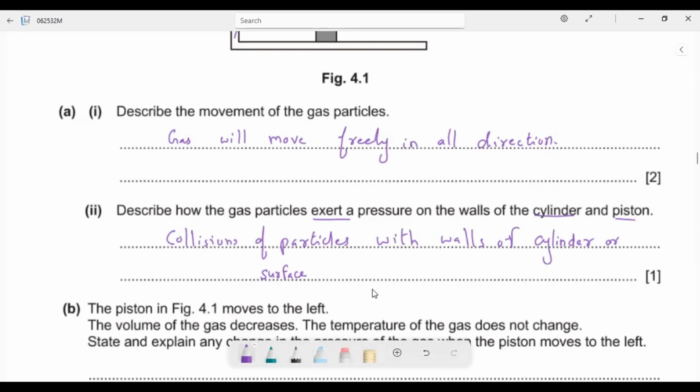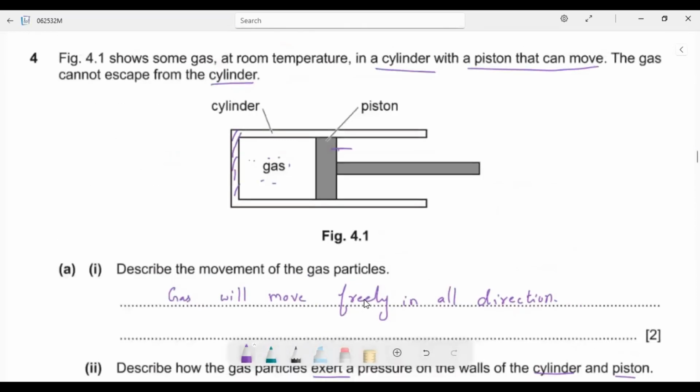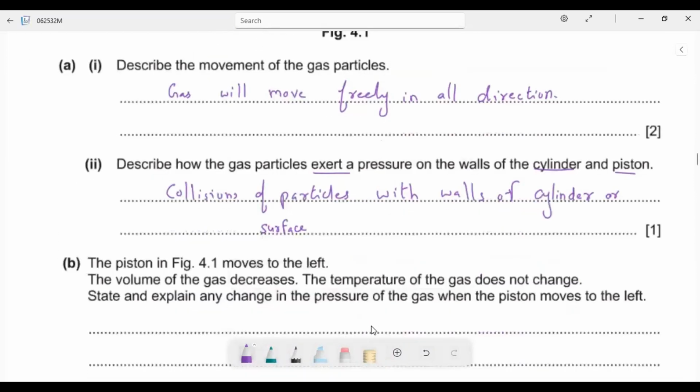These gas particles will collide with each other. They will hit the surface of the cylinder and piston, and that will exert a pressure on the walls.